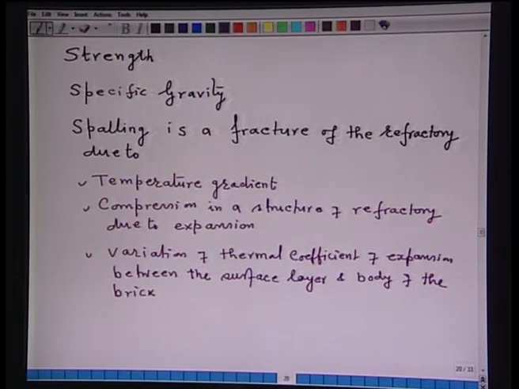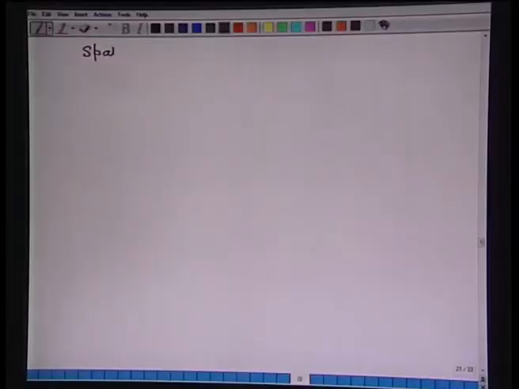This may occur due to slag penetration or due to structural changes. So, the spalling on sudden heating.